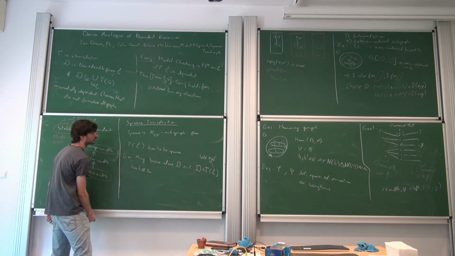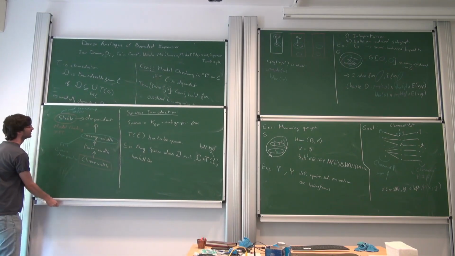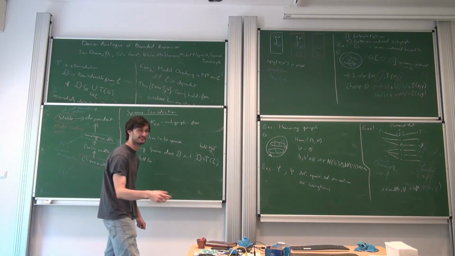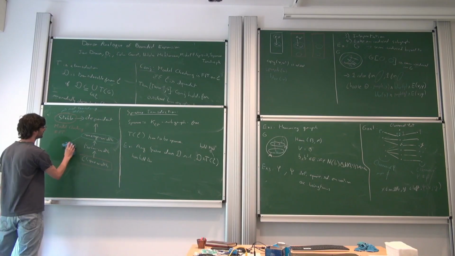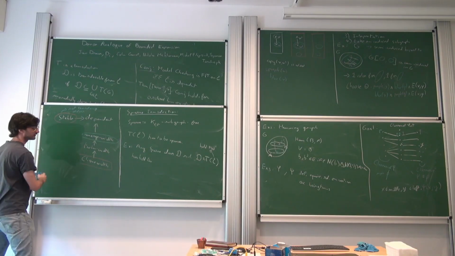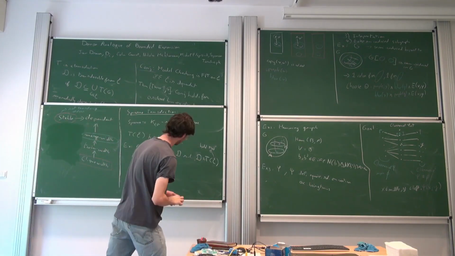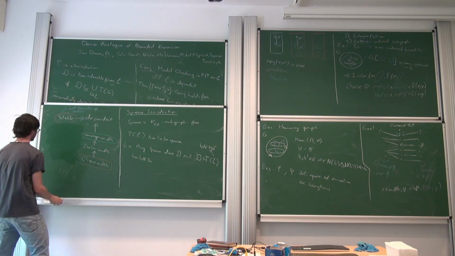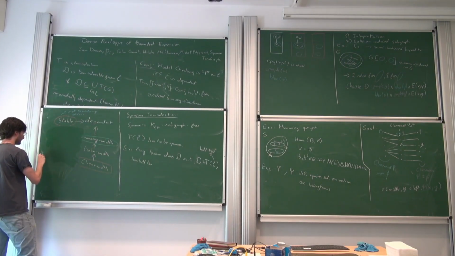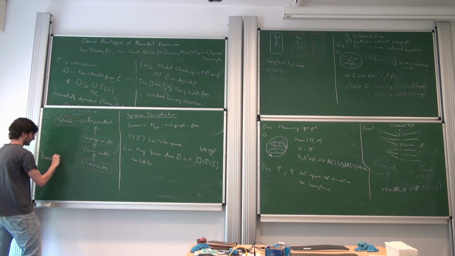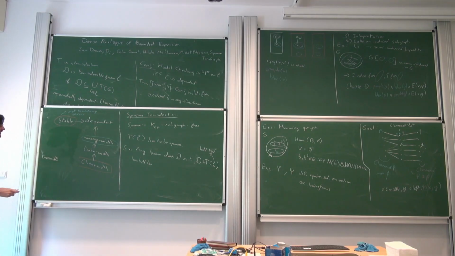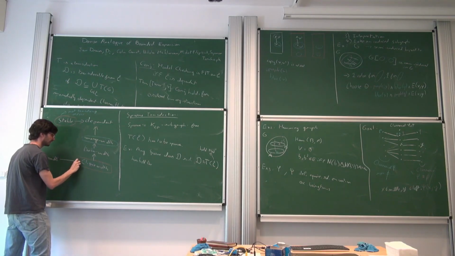So now we can complete the picture with some knowledge about sparse classes. So, tree width is a class that is always included in clique width.